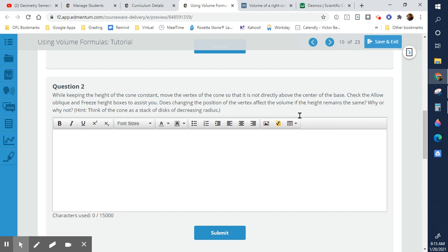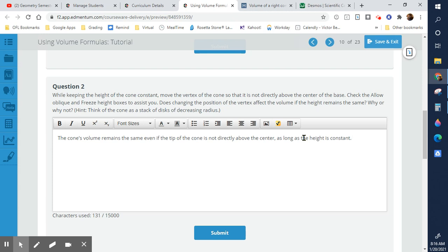But what's happening here is the cone's volume remains the same even if the tip of the cone is not directly above the center, as long as the height is constant.